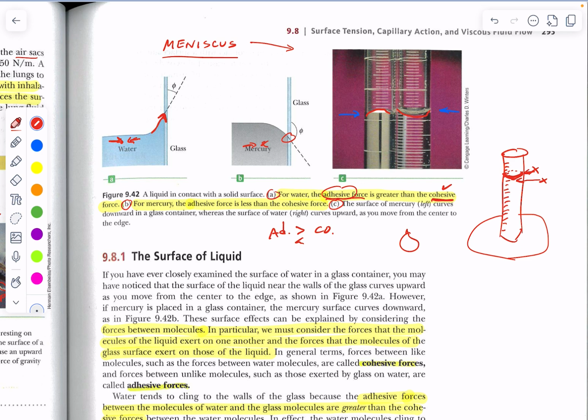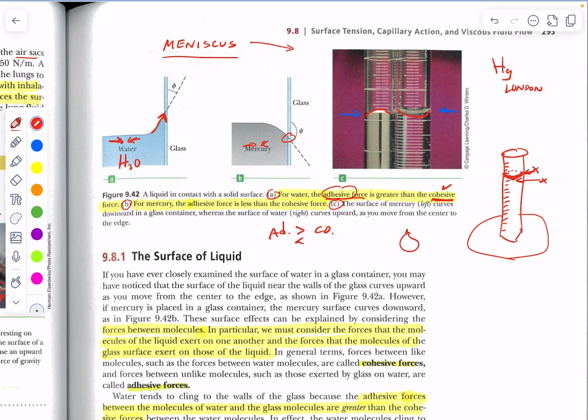Now you might say, well, mercury molecules, I should say mercury atoms, are all the same. And so whereas in water molecules, you've got these hydrogen bonds, which are pretty significant. But remember that you have what are called London forces, or dispersion interaction forces, or induced dipole forces.